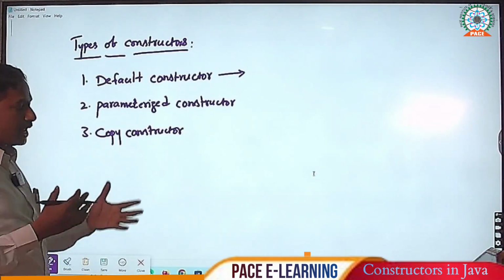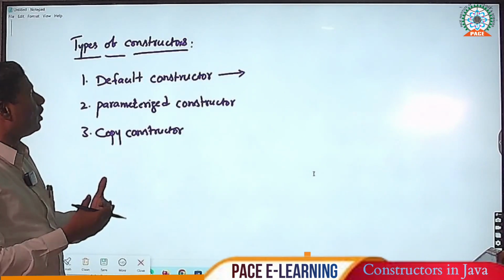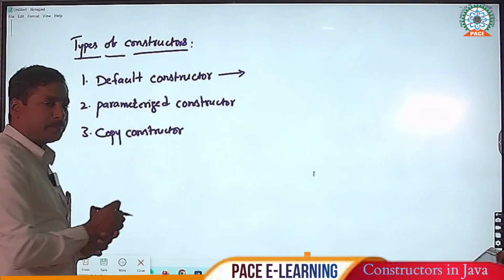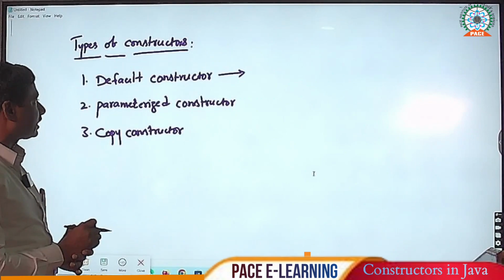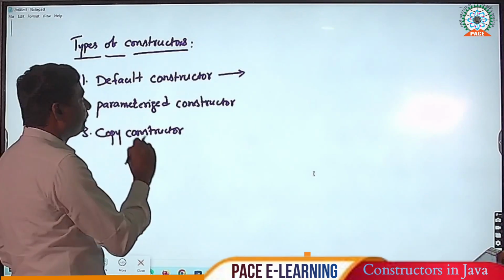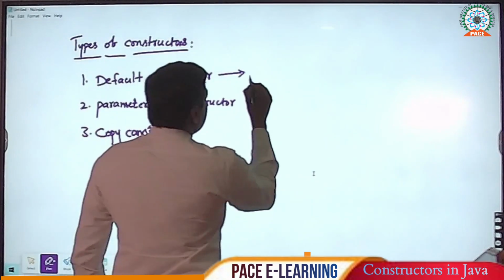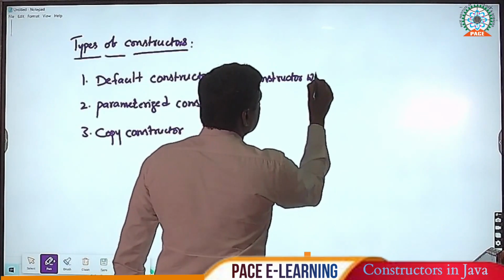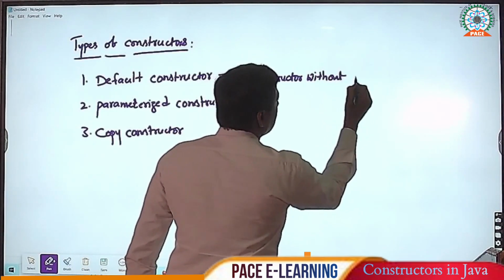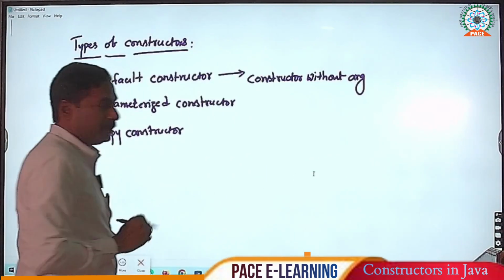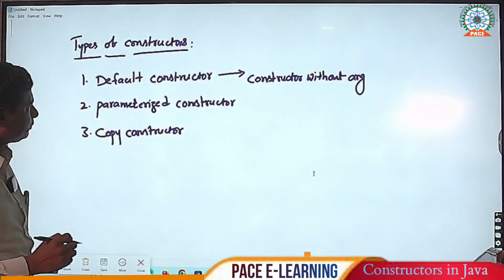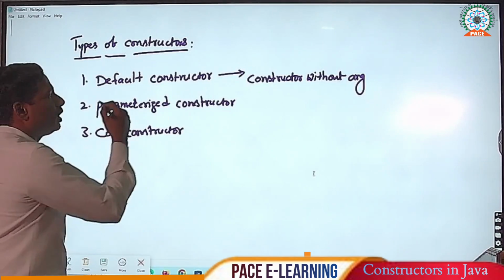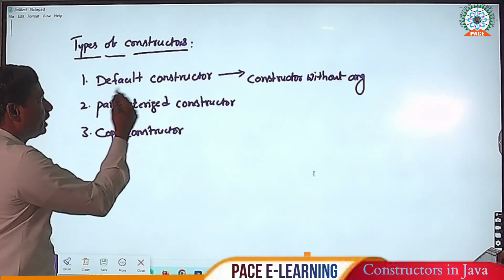Of course, a constructor may not have all the properties of regular methods, but it will accept arguments. If you are writing a constructor without accepting arguments, then it is called a default constructor. So we can say: a constructor without arguments is called a default constructor. Of course, in my practical demonstration, I will show you everything. I will work out with every type of constructor.